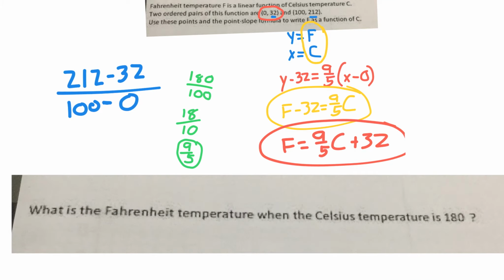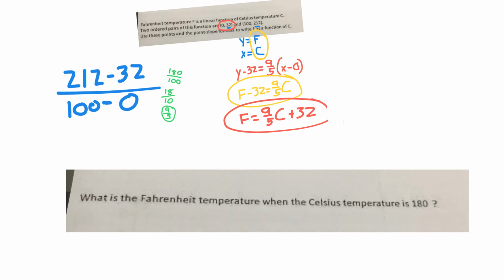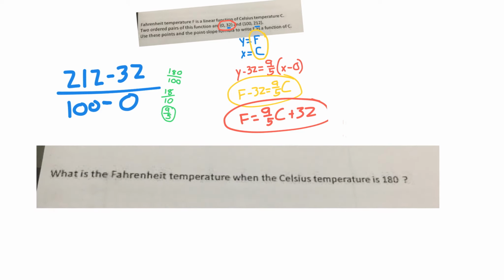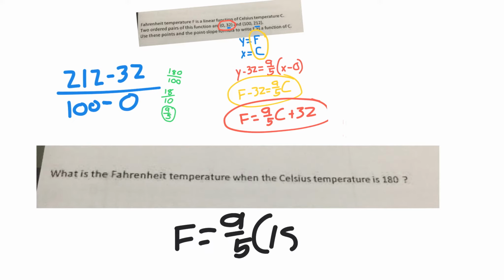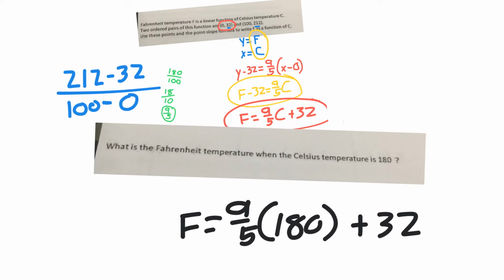Okay, the next question. What is the Fahrenheit temperature when Celsius is 180? It's hotter than I care for it to be. Okay, so I know Celsius is 180, so I'm going to plug in 180 for C. So that's going to give me F equals 9/5 times 180 plus 32. So that's going to be 18 over 5.